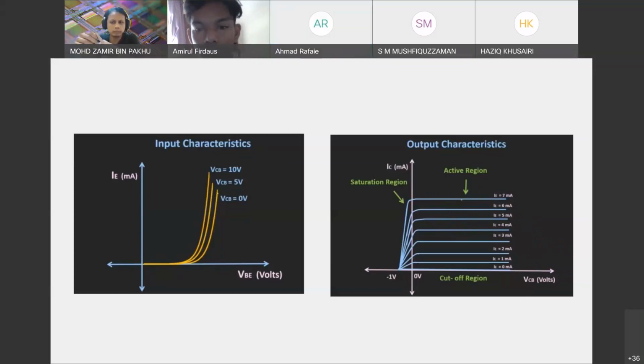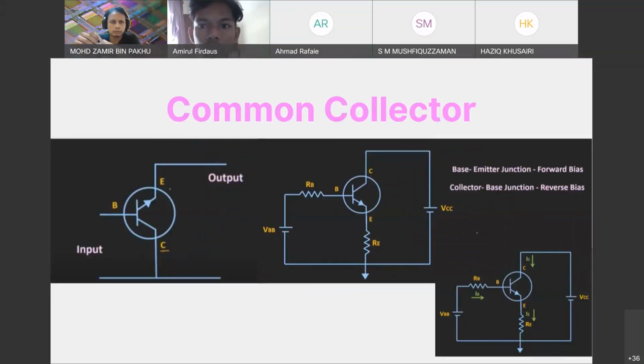Next we go into the common collector. In this configuration, the collector terminal is common for both the input and output signal.